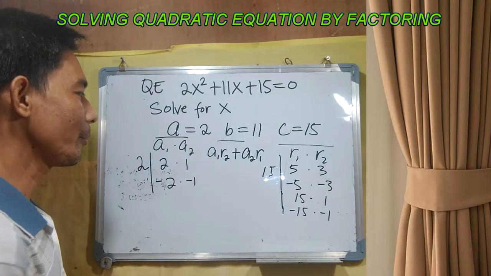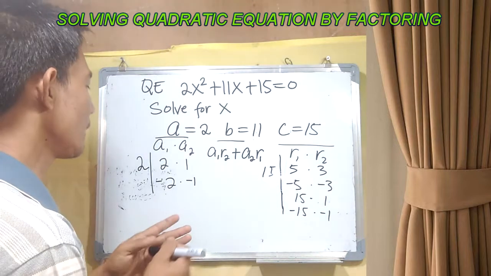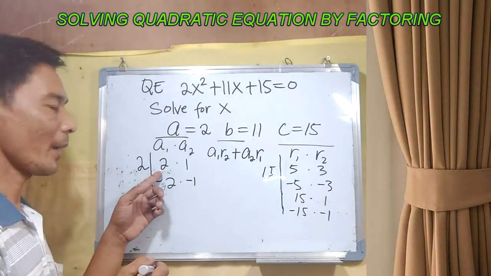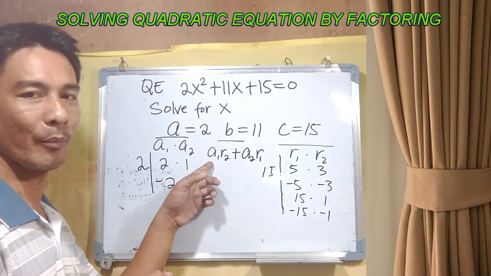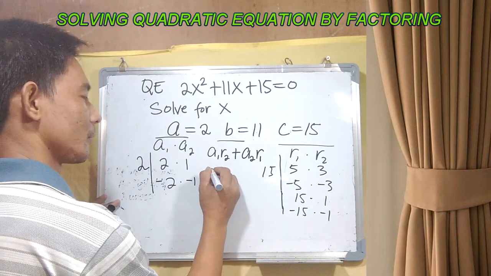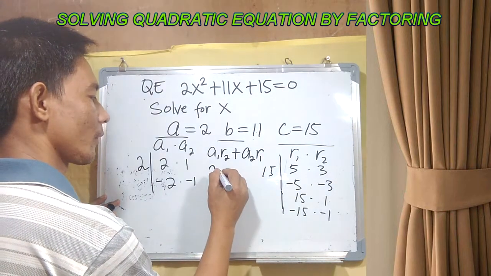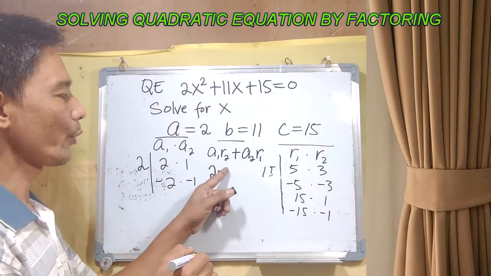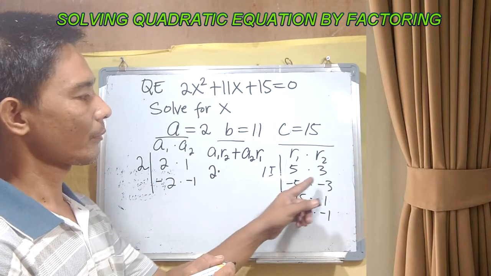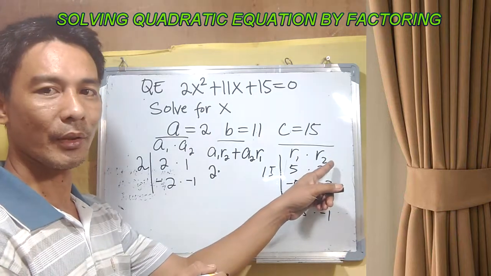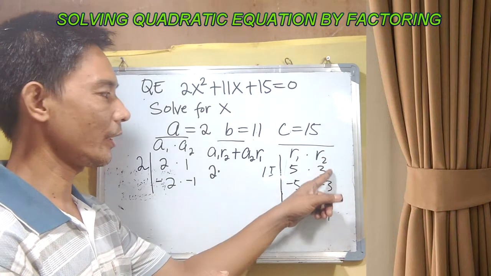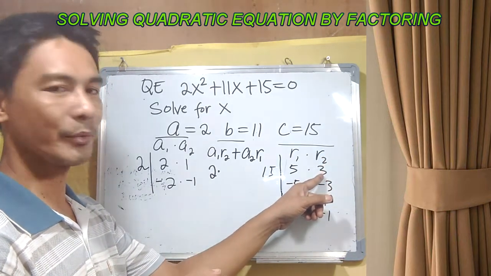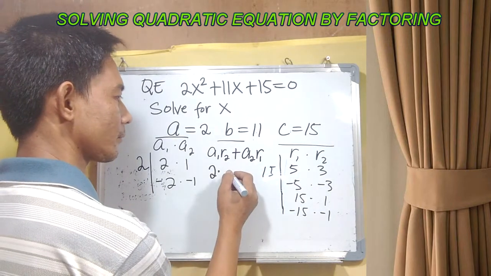For example, we will choose positive 2 for our a sub 1, times, we will choose r sub 2 from the factors of c, 3. So our r sub 2 is 3.